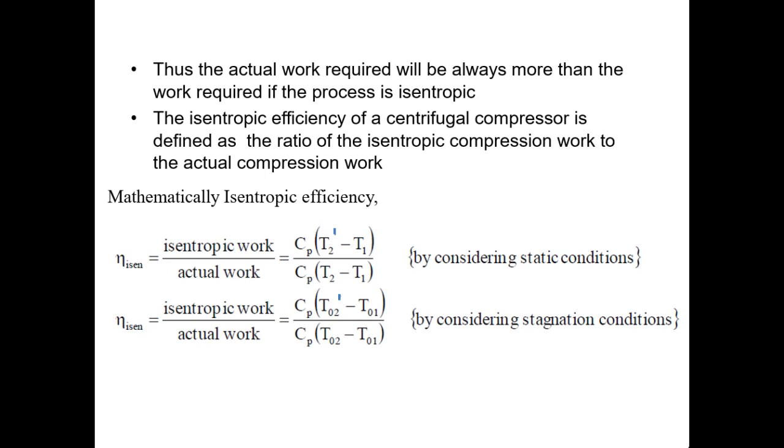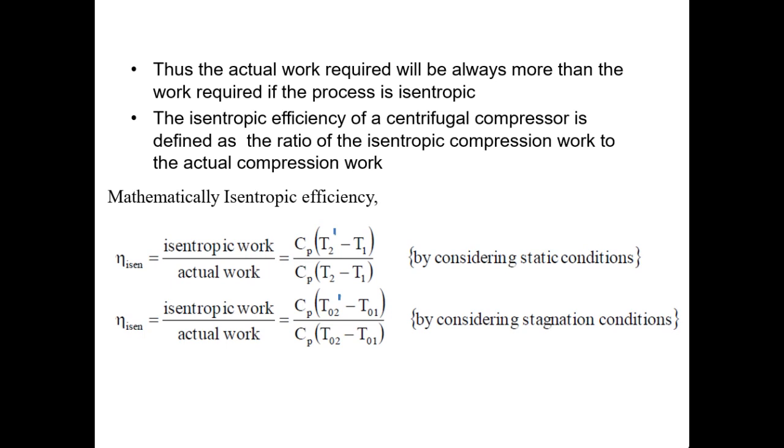So in the figure you saw in the previous slide, I believe you remember that the isentropic process was 1 to 2 dash and the actual process was 1 to 2. So isentropic work is equal to Cp into T2 dash minus T1, the temperatures corresponding to the isentropic process, and the actual work equation will be Cp into T2 minus T1.